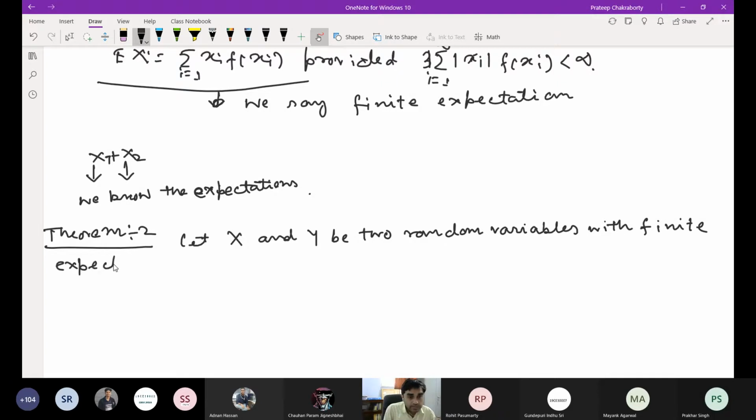Then these are some known results which we mainly use to compute these combinations of random variables.